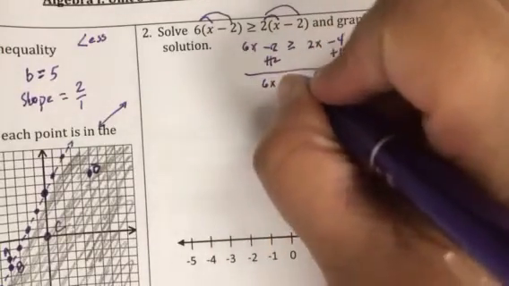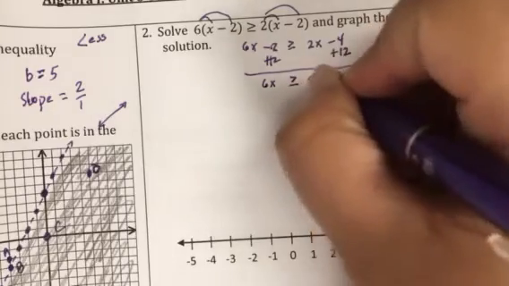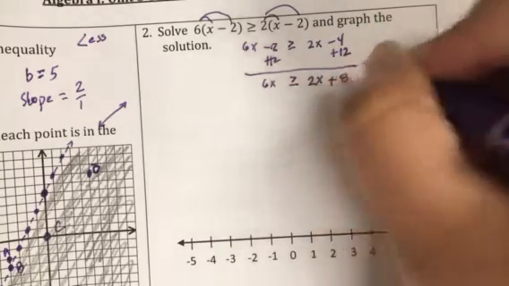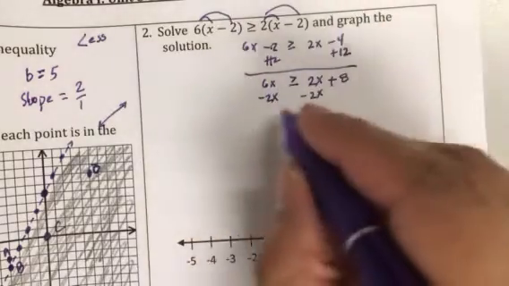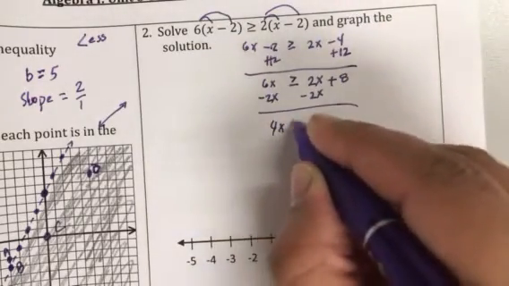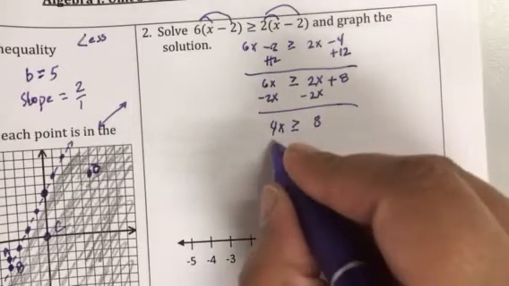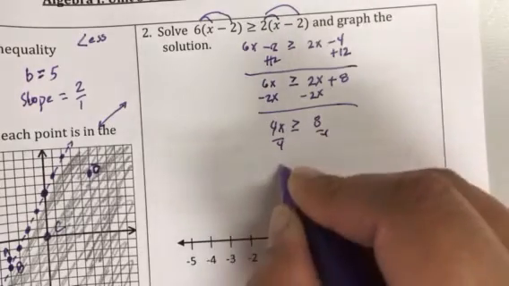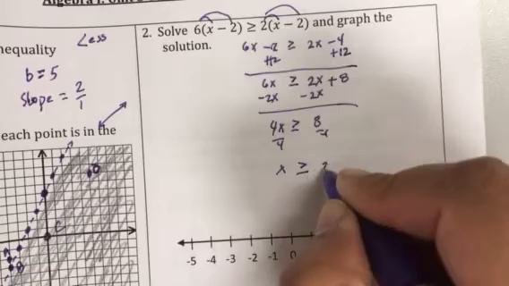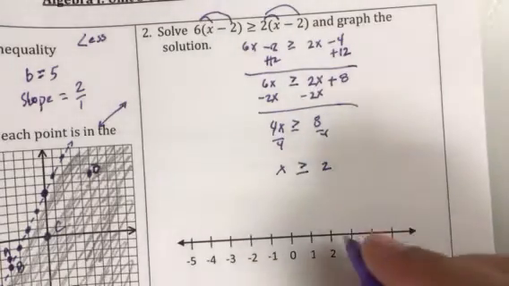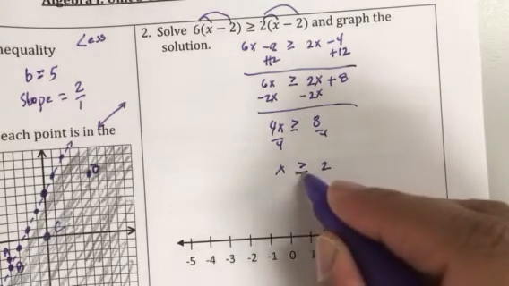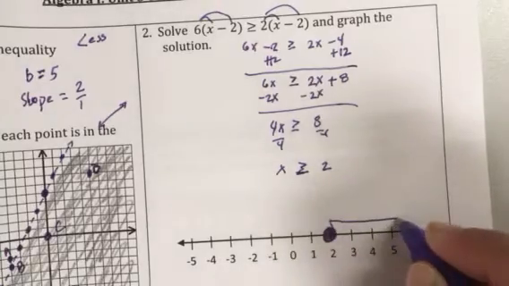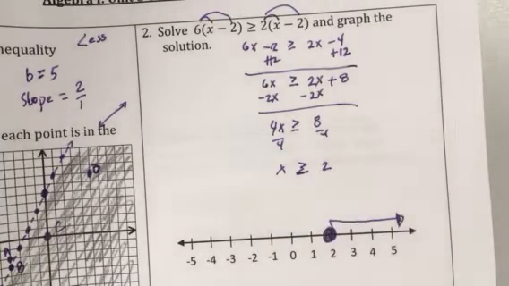So this is 6x greater than or equal to 2x plus 8, minus 2x, minus 2x. So we have 4x greater than or equal to 8, divided by 4, and x is greater than or equal to 2. So I would go on the number line. It's a closed circle because there's a line underneath, and I draw my arrow in that direction.